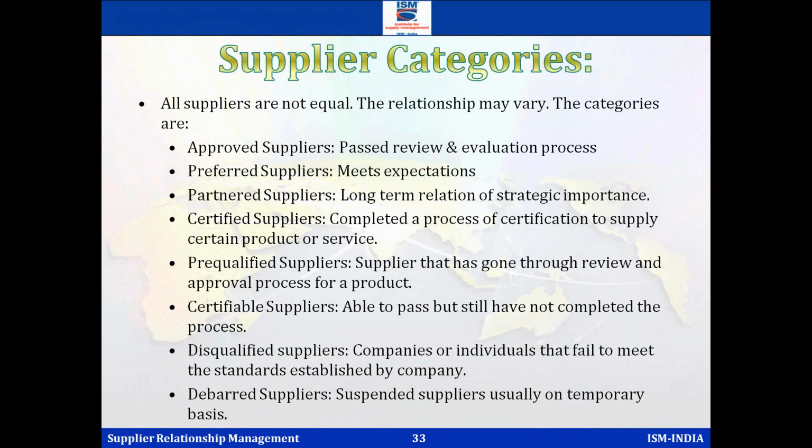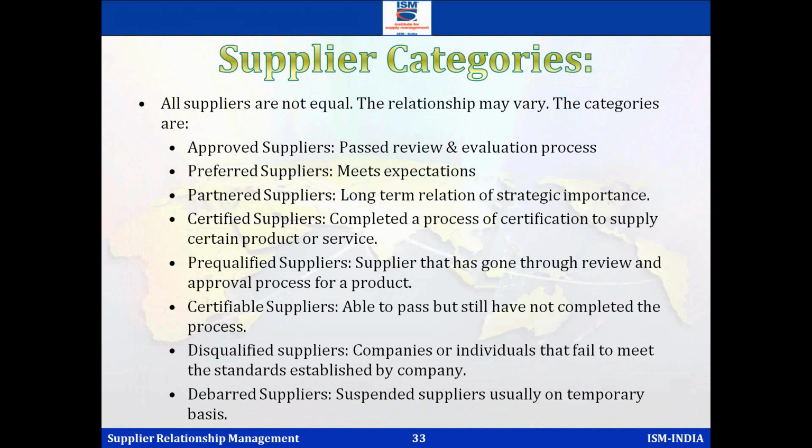Come to the categories part. Here's a big list. I know many of you might be using only a few of them, but still let me walk through. One is called approved supplier. You've gone through the review and the evaluation process, you call them approved supplier. Then there are preferred suppliers who meet your expectations. Partner supplier: you are thinking of a long-term relation of strategic importance.